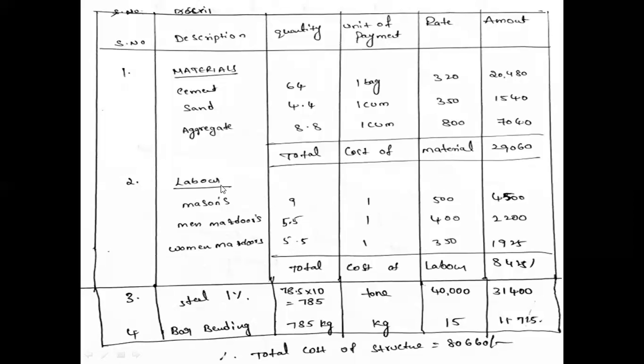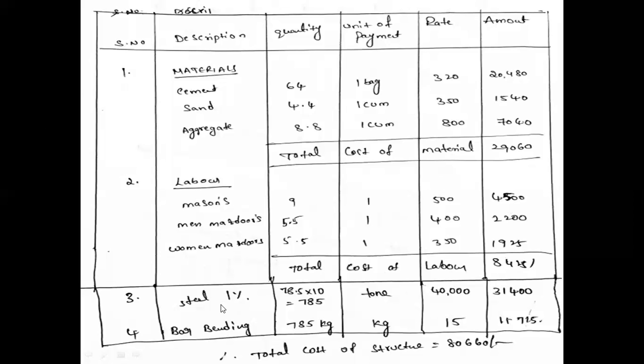We are taking masons at 500 rupees, men mazdurs 400, women mazdurs 350 rupees. So 9 into 500 equal to 4,500. Men mazdurs 5.5 into 400, that is equal to 2,200, and women mazdurs 5.5 into 350, 1,925. Then total cost of the labor, these three values added, 8,425 rupees.